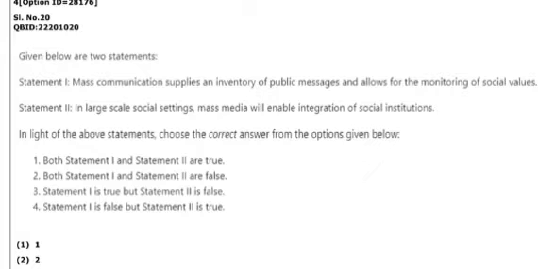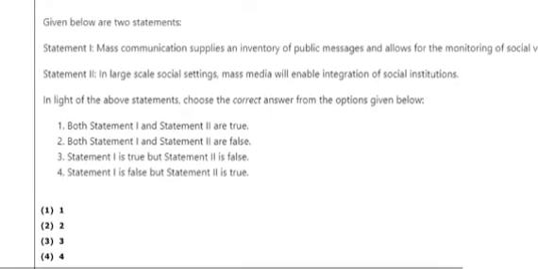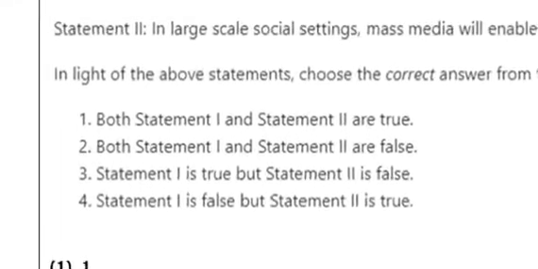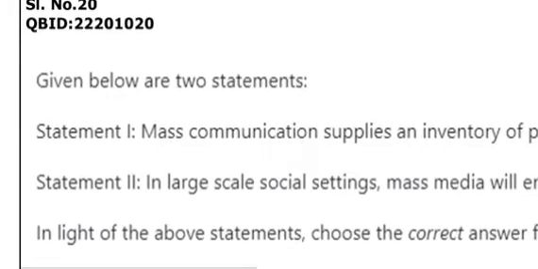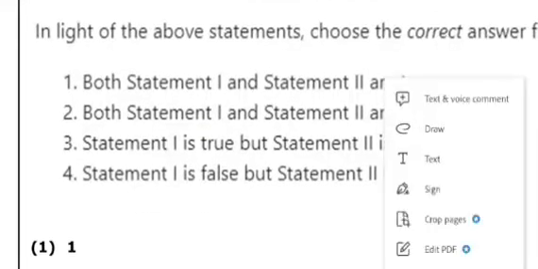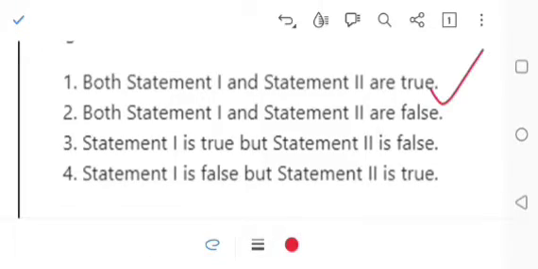In light of the above statements, choose the correct answer from the options given below. Both statements are true. Both are false. Statement 1 is true but statement 2 is false. Statement 1 is false but statement 2 is true. So this is the question and these are the options. For 20, the correct option will be A. That means both statement 1 and statement 2 are true.